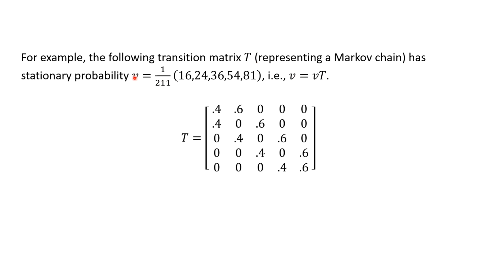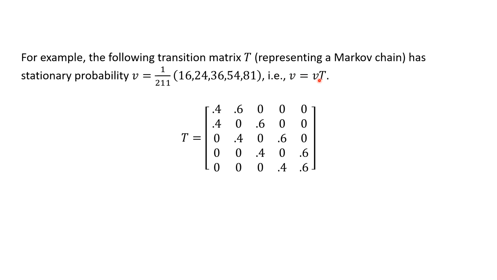So this is actually a stationary solution to this here. And I checked it out myself. I multiplied this times the first column, and then the second column, and the third column, and you get back the same vector. So here's one example. Now let's look at the conditions under which we have a solution.